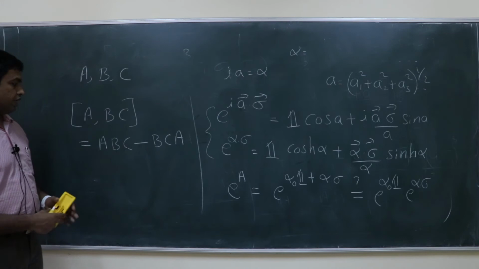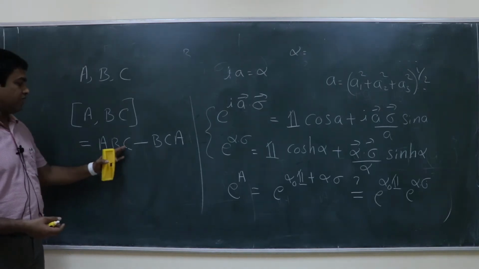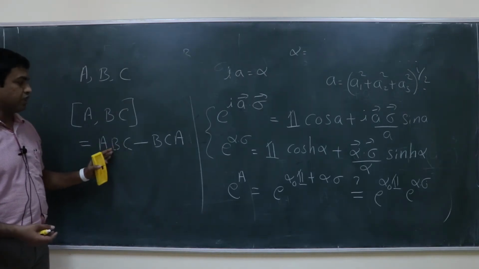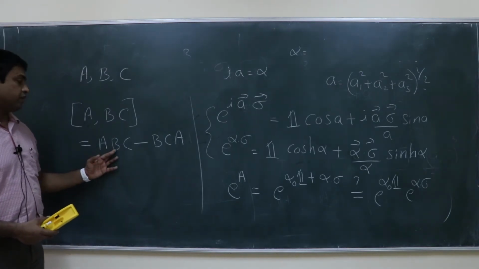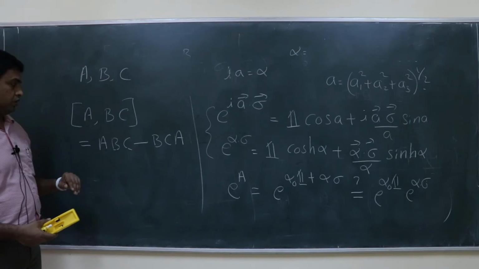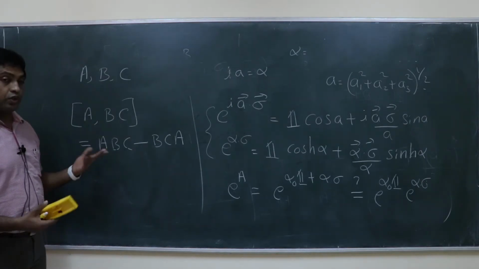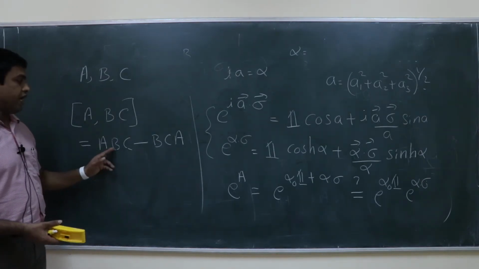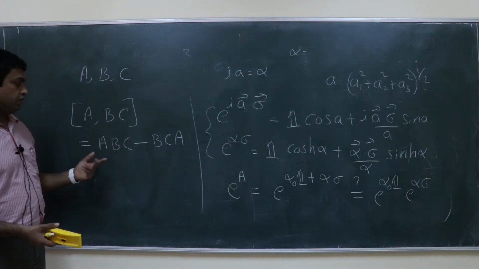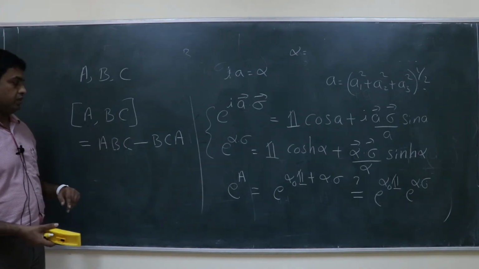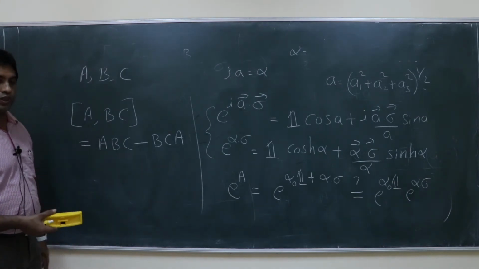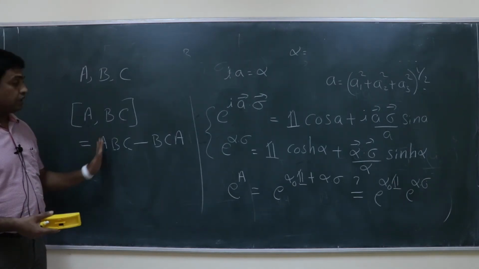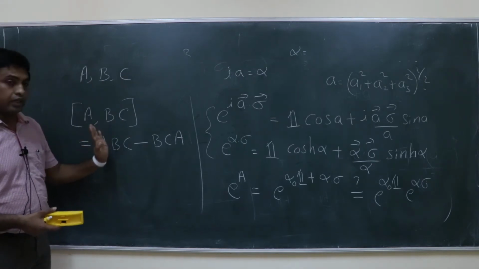I cannot change the position of any of these matrices, unless suppose B is an identity matrix, I can take it here, no issue. If A and B commute, it need not be an identity matrix. Suppose A and B commute with each other, then I can write it as B A C. But I am taking a general 3 matrices which in general do not commute with each other. So I cannot do anything more than this. I can keep it like this.